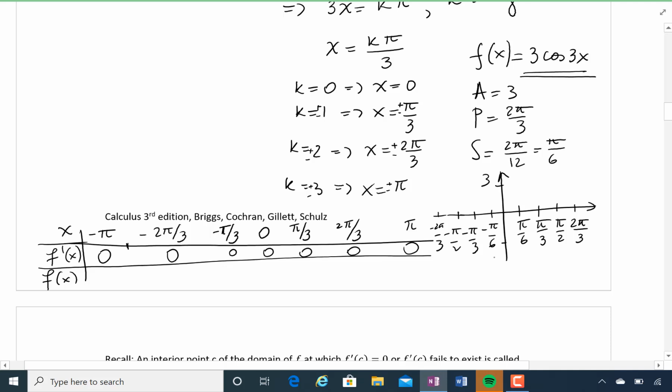So it's 3 and negative 3 cosine. We start at 3, 0, negative 1, and so on. And the same thing on the other side.